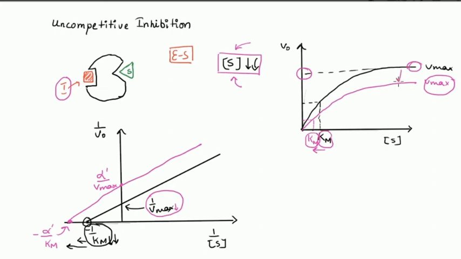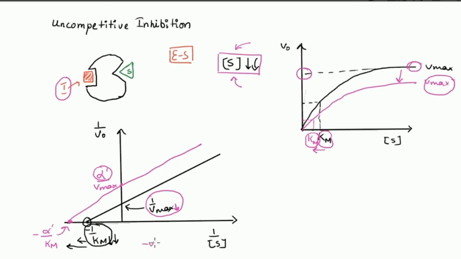And that is why the Vmax value also decreases. Putting that into the Lineweaver-Burk plot, the Vmax value decreases, and hence the overall 1 by Vmax increases by a factor of alpha dashed. That is why it is above this curve. And since we are also decreasing the Km, or the Michaelis-Menten constant, the overall negativity of minus 1 by Km increases.